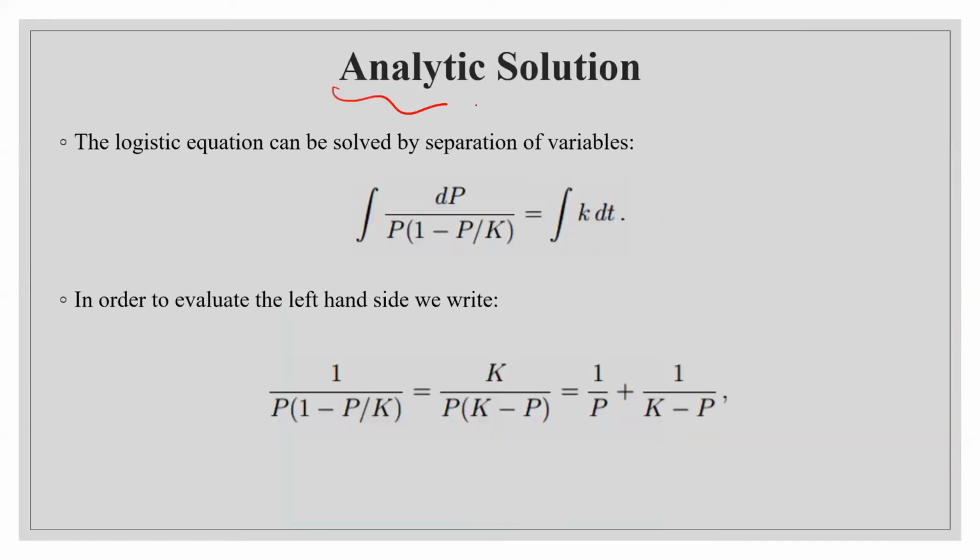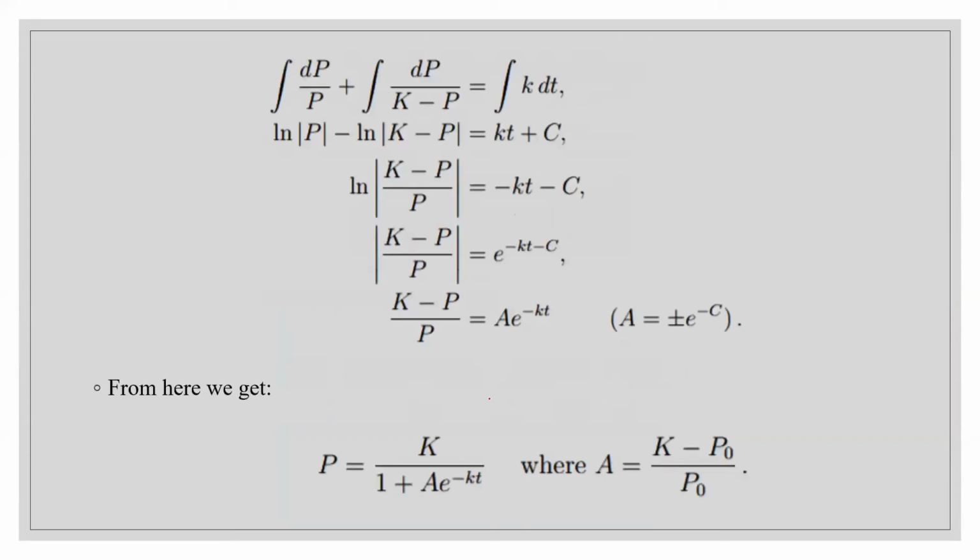Now you can solve this differential equation again with the help of variable separable: you can take P on one side, then do partial fractions, then integrate, and finally you will find the solution for this differential equation.